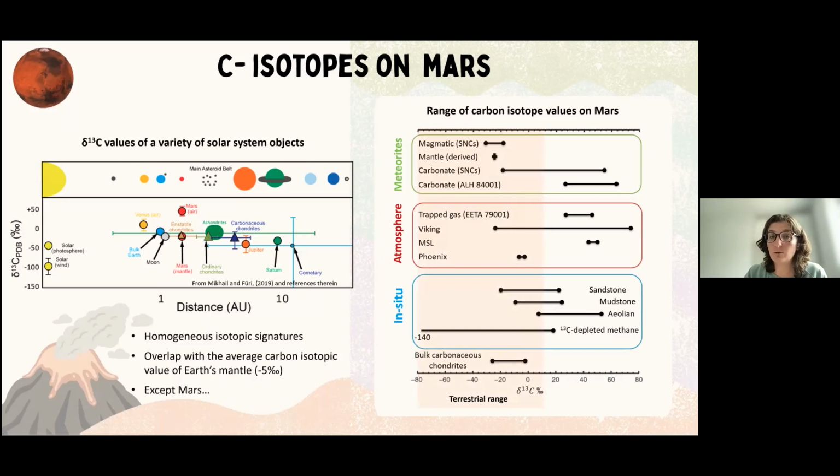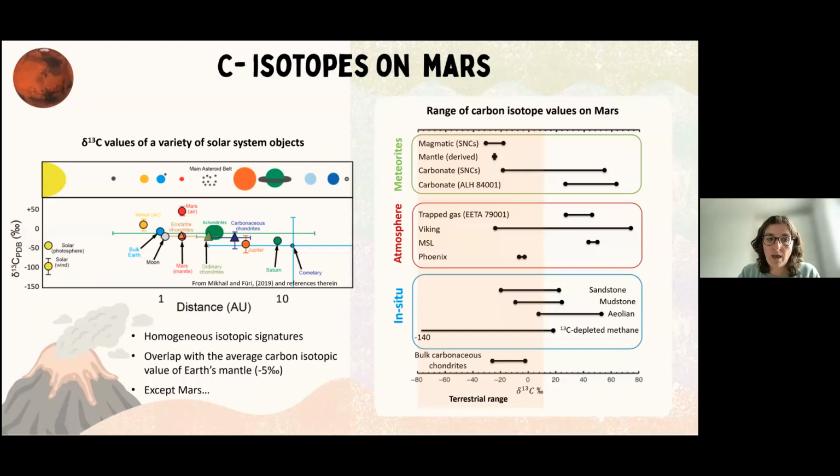The carbon cycle on Mars is operating in a very different way, which is not surprising, because there is no biosphere or hydrosphere on Mars. But also, it could mean that there are other factors that are affecting the isotopic composition of carbon on the planet, but we don't know yet what these factors are.